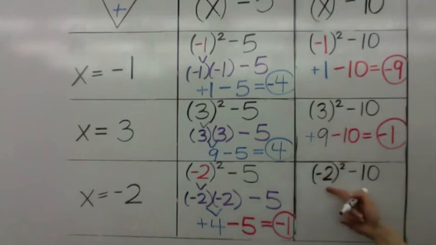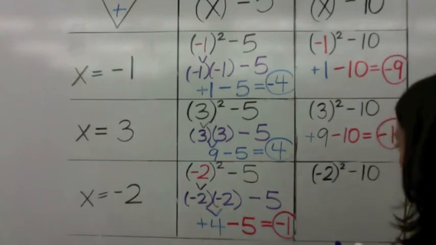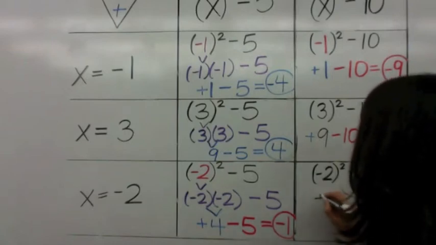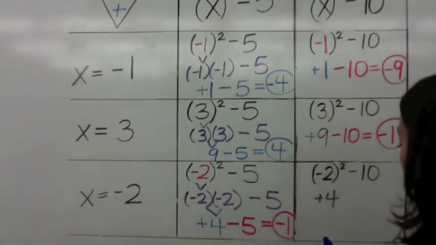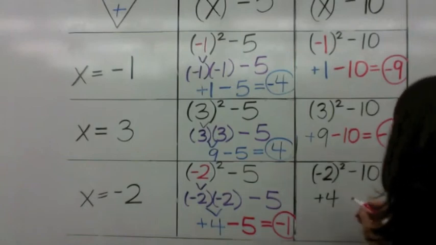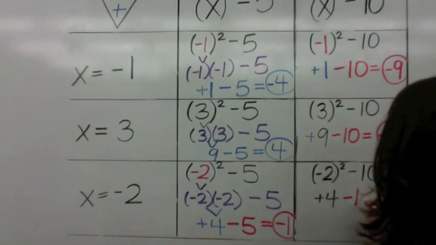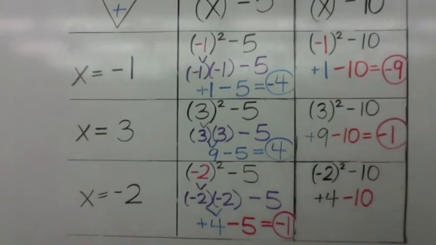Okay. We know what negative 2 squared is. It means negative 2 times a negative 2. Negative 2 times negative 2 is positive what? Positive 4, right? So we're working with positive 4 and a negative 10. So you think, what is 4 minus 10?